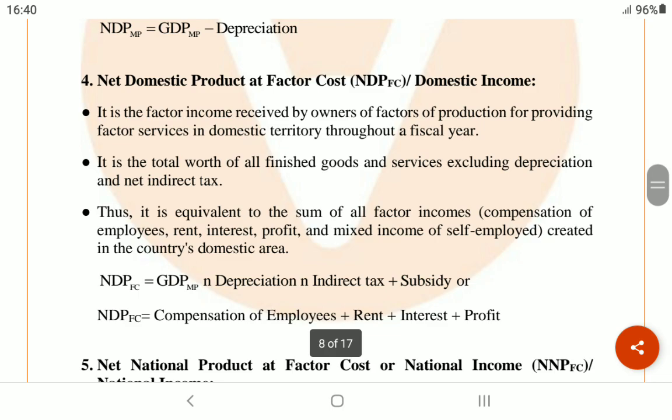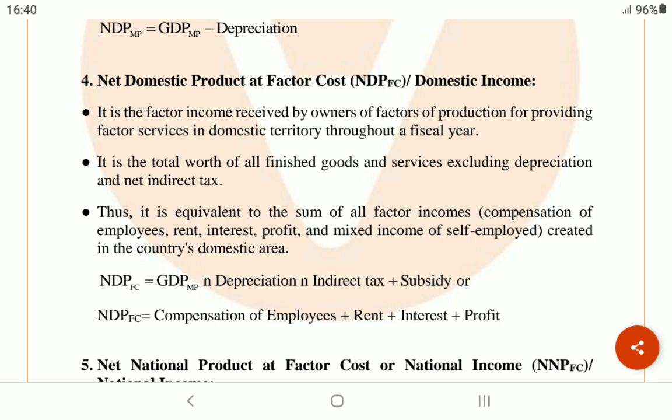The fourth one in aggregation is net domestic product at factor cost, NDPFC, which we can also call domestic income. It is the factor income received by owners of the factors of production for providing factor services in the domestic territory throughout a fiscal year.